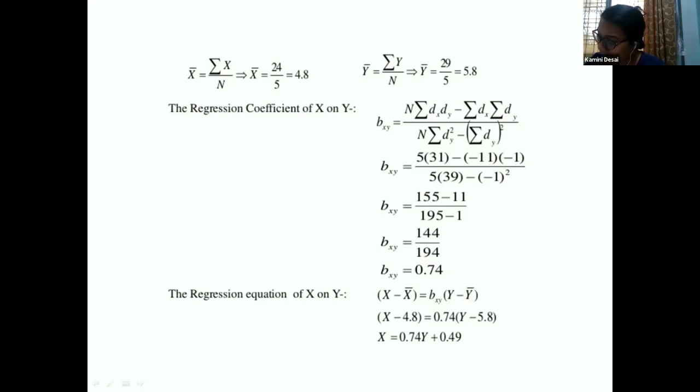Have you reached here? You have to split this bracket like this. Every term in the bracket you have to multiply by 0.74 and 5.8, open this bracket and get this equation, x is equal to 7.41. Show me tomorrow whether you get it.